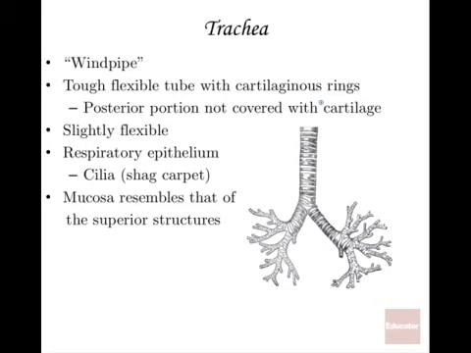So every time you swallow and a chunk or bolus of food is being moved down your esophagus, you want slight flexibility for your trachea to accommodate that. So there's slightly less cartilage in the posterior portion so that there is a little bit more flexibility when you do swallow something. So it is slightly flexible, not as much as these more posterior parts of the respiratory tree. We're going to get to that in a bit.